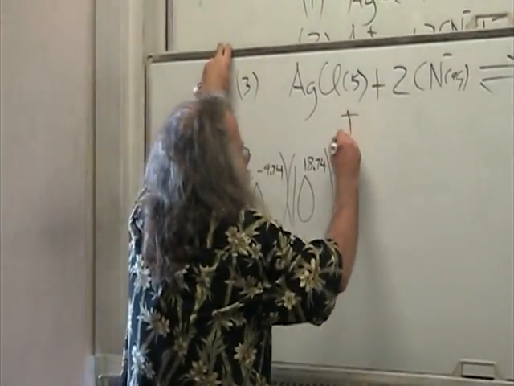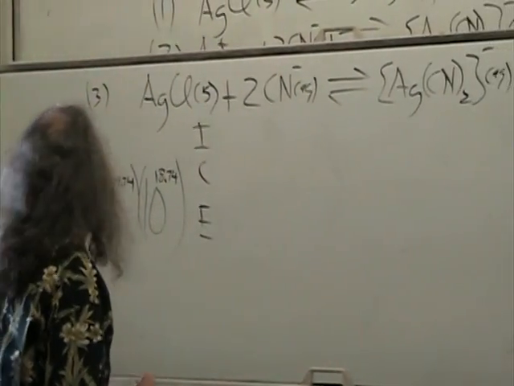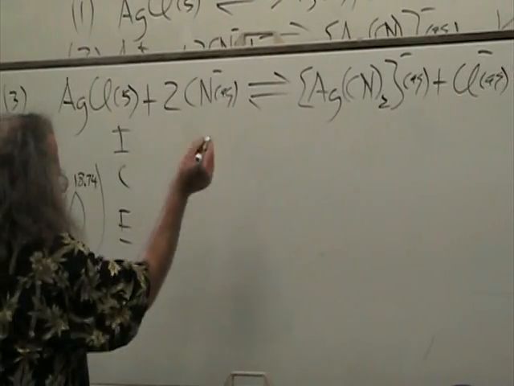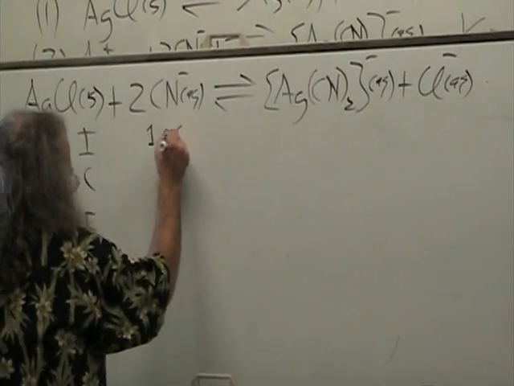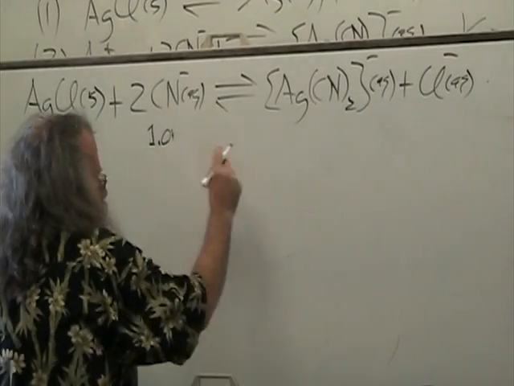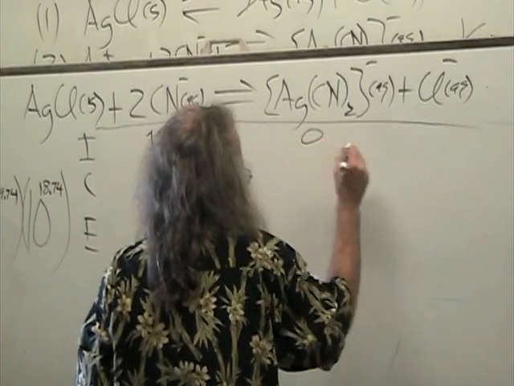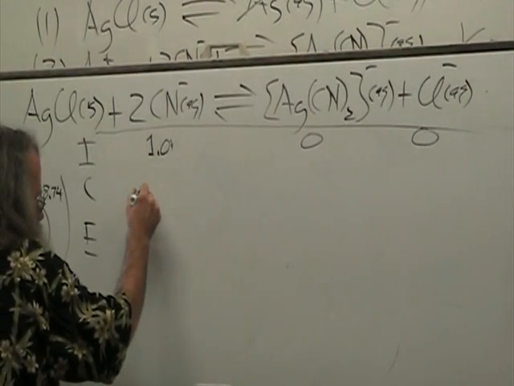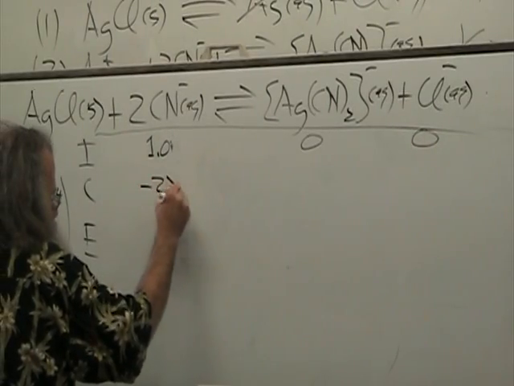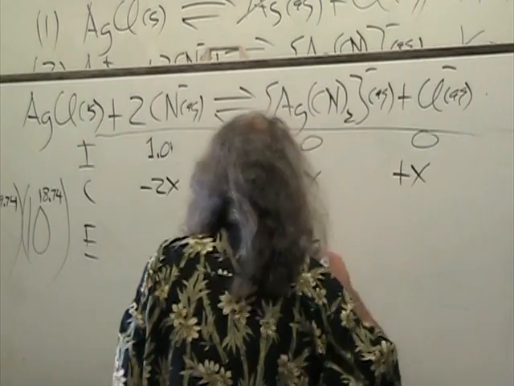So I'm going to hit the ICE table again. The initial concentration of cyanide is 1.0 molar. I'll just say 1. This is 0. This is 0. What's the change? Minus 2x, plus x, and plus x.